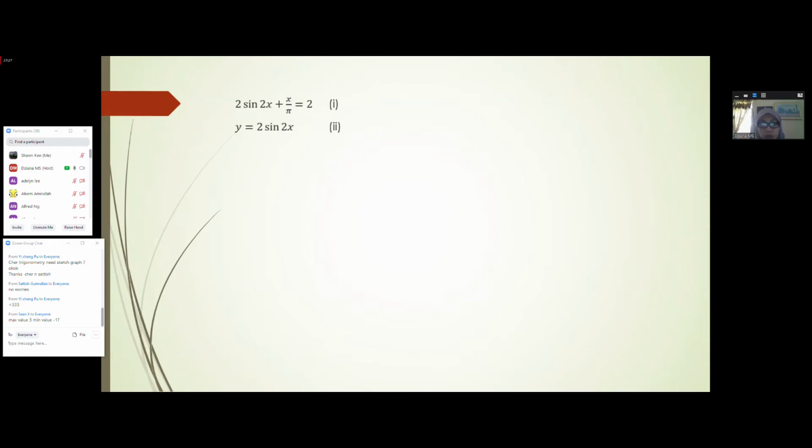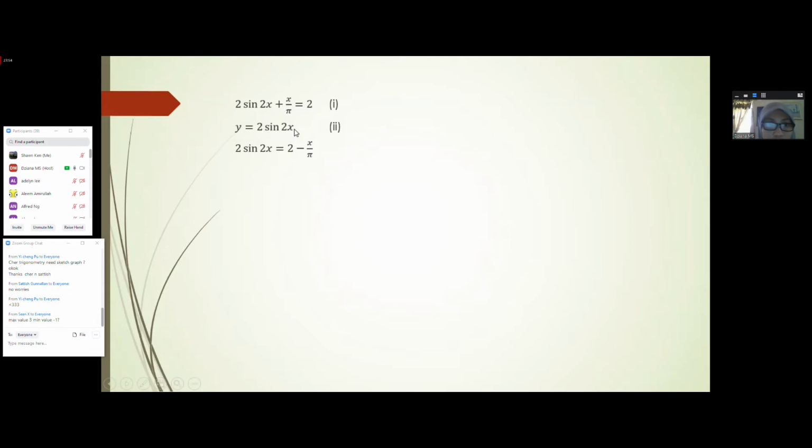Okay, you have to solve the first one, and the one that you have already sketched is y equals to 2 sine 2x. Okay, from equation 1, I rearrange. I make 2 sine 2x as my subject. So I have 2 sine 2x equals to 2 minus x over pi. So I bring the x over pi over there and make 2 sine 2x as my subject. Why? Because my second equation is 2 sine 2x.